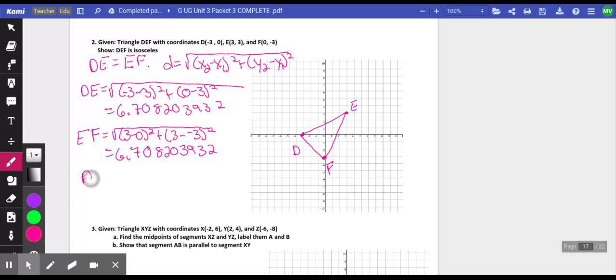So I know DE equals EF. Therefore, DEF is isosceles. Oops, I spelled isosceles wrong. Isosceles, two sides equal.